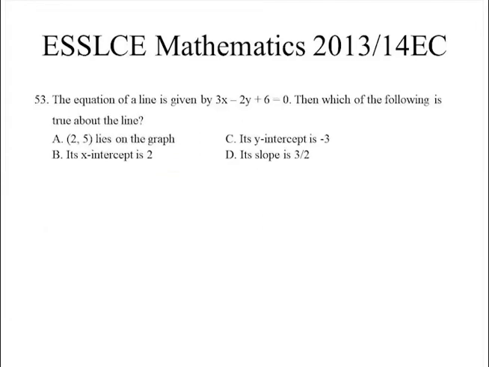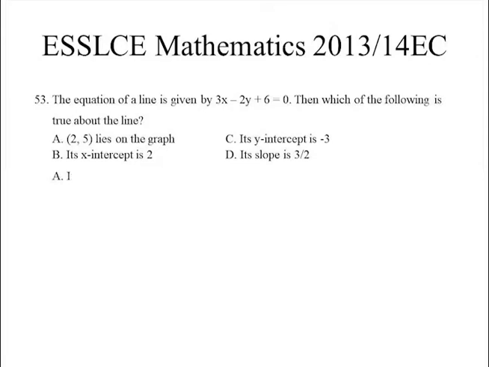Question number 53. The equation of a line is given by 3x minus 2y plus 6 is equal to 0. Then which of the following is true about the line? A. (2, 5) lies on the graph. In the ordered pair (2, 5), 2 represents the value of x and 5 represents the value of y.